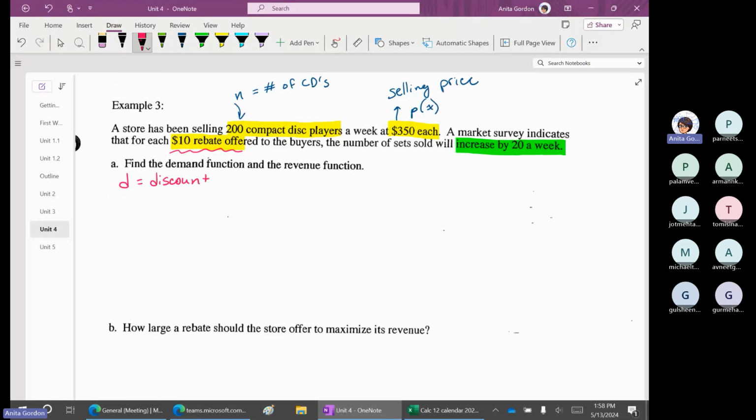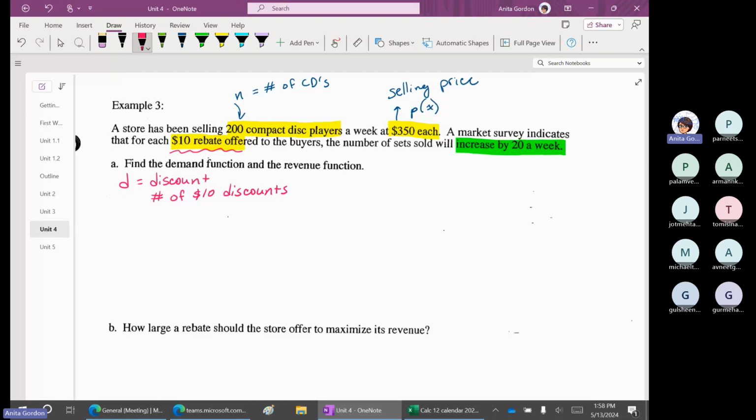So this will be the number of $10 discounts that the store will do. If D is 1, that means we reduce the price by $10 one time. If D is 3, then we reduce the price by $10 three times. Therefore, the discount is now $30. Does that make sense?